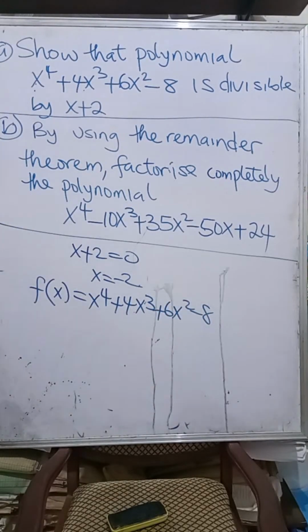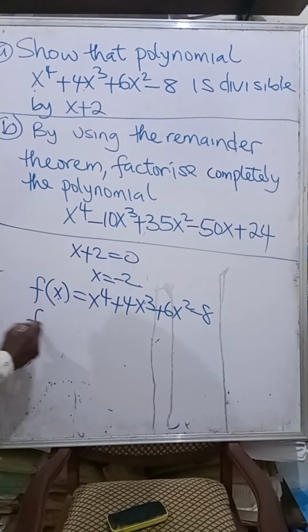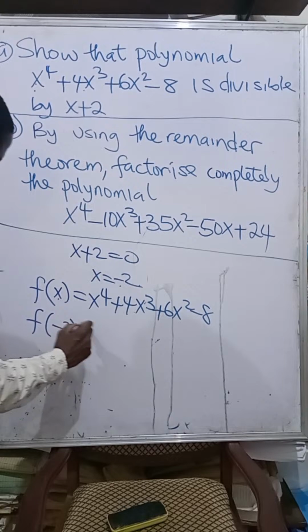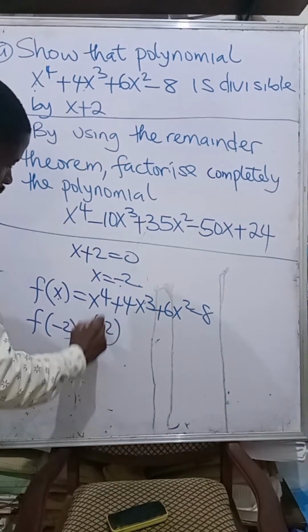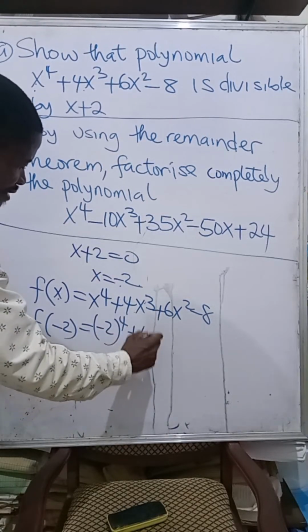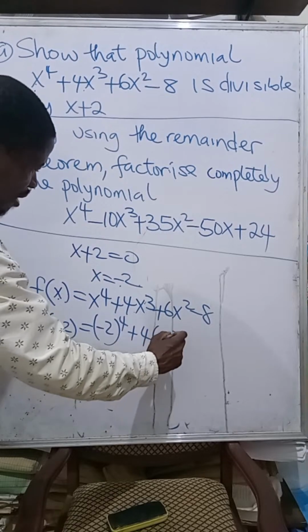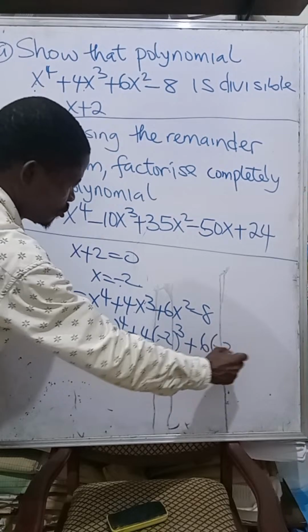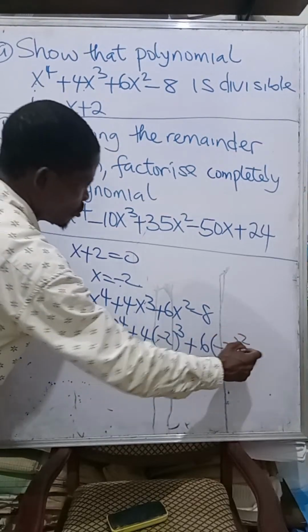Okay, so anywhere you see x now, you put your minus 2 there, and that will be equal to what? Minus 2 to the power 4 plus 4 times minus 2 to the power 3 plus 6 times minus 2 to the power 2, then minus 8.